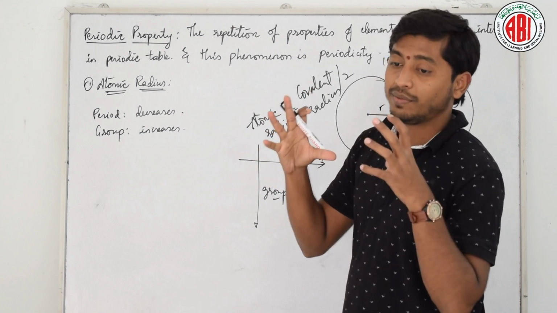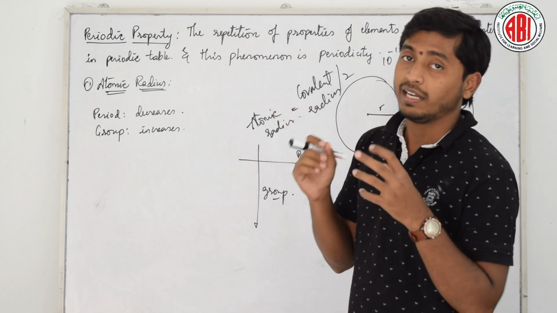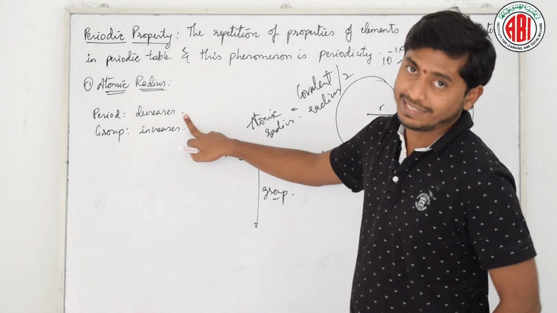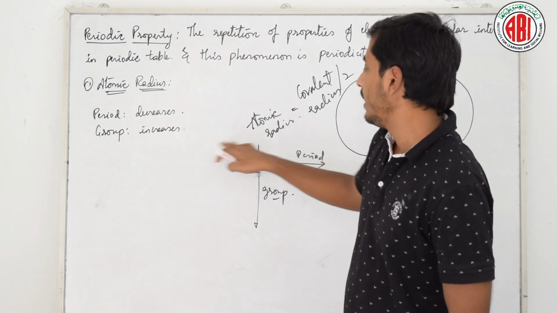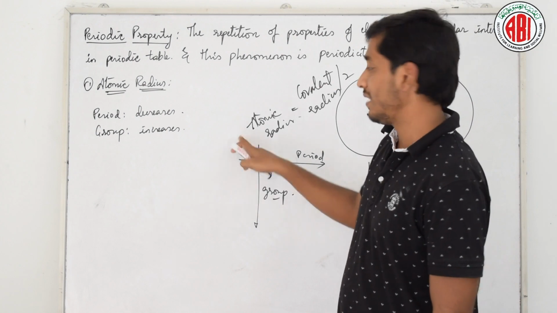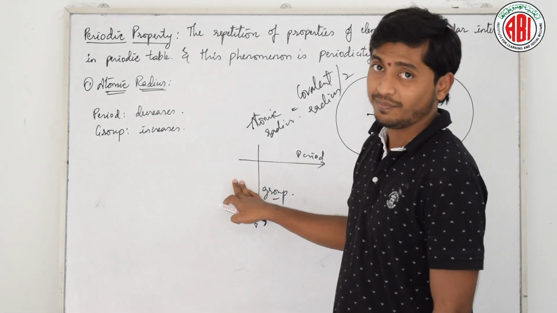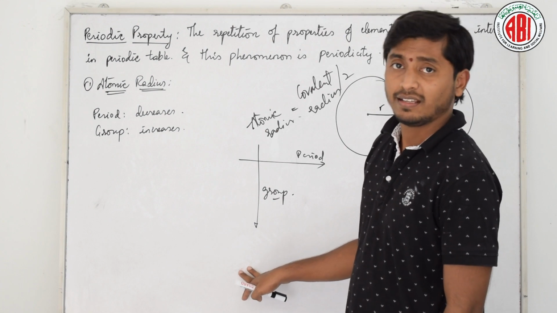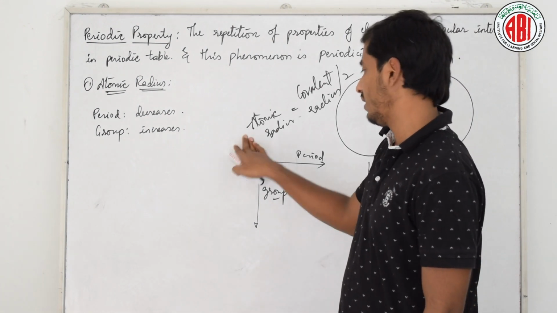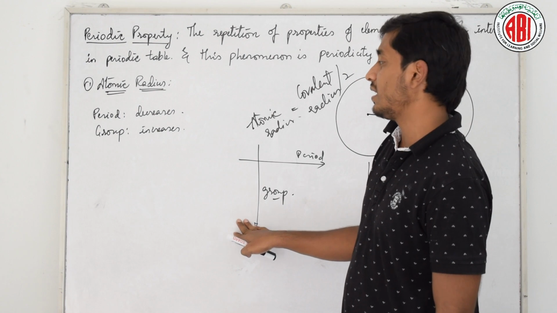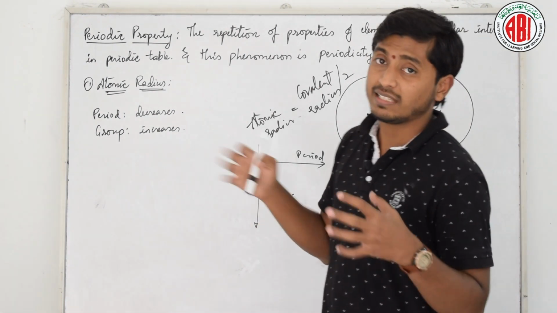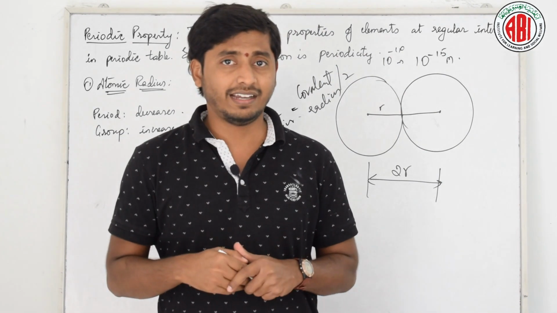Therefore, the atomic size shrinks, it decreases. Whereas in a group, the number of electrons increases gradually. Therefore, obviously, atomic size increases. And in the same group, the nuclear charge also decreases. Therefore, obviously, the atomic size increases. Is it right?